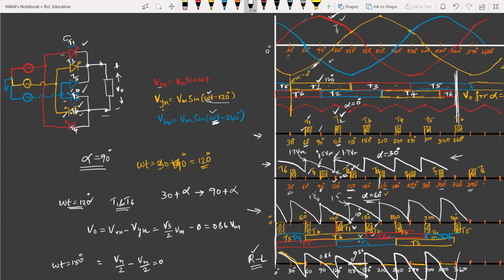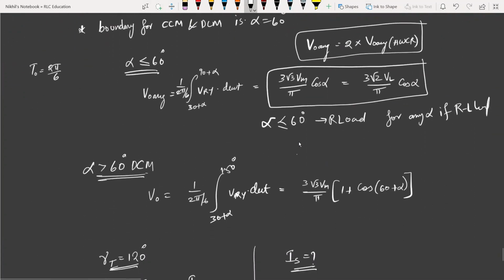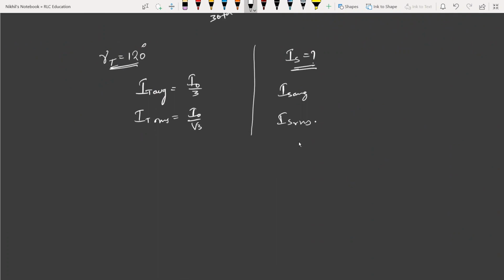Again the same phase is on for 120 degrees. Why? Because T1 and T4 belong to the same phase, isn't it? So per phase, the source is supplying current for 240 degrees, 120 plus 120. So IS average will be I0 times 240 degrees by 360 degrees, which comes out to be 2 by 3 times I0, and RMS current will be simply root 2 by 3 into I0.